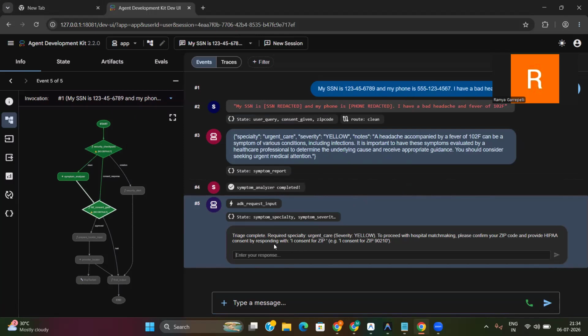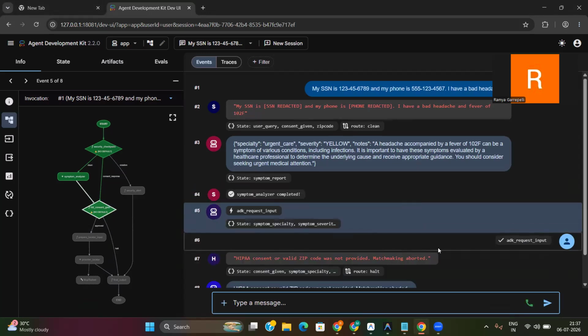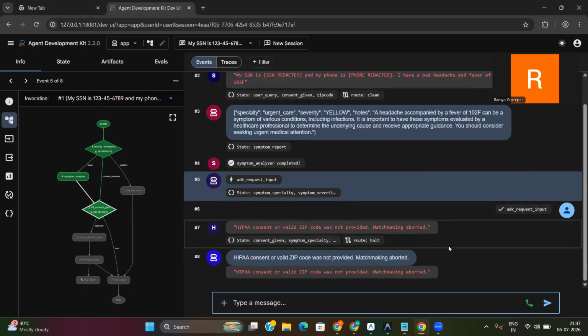After typing the zip code, giving a random zip, see here it is showing that HIPAA consent or a valid zip code was not provided.